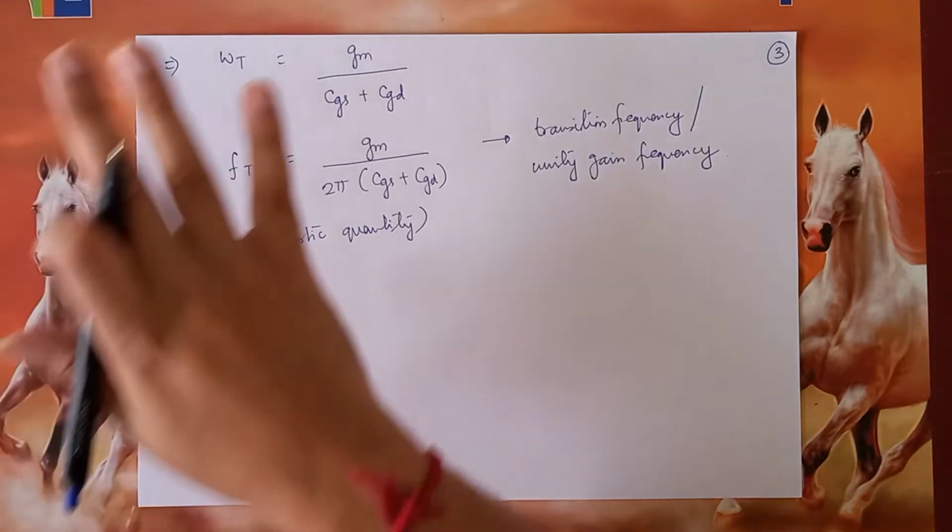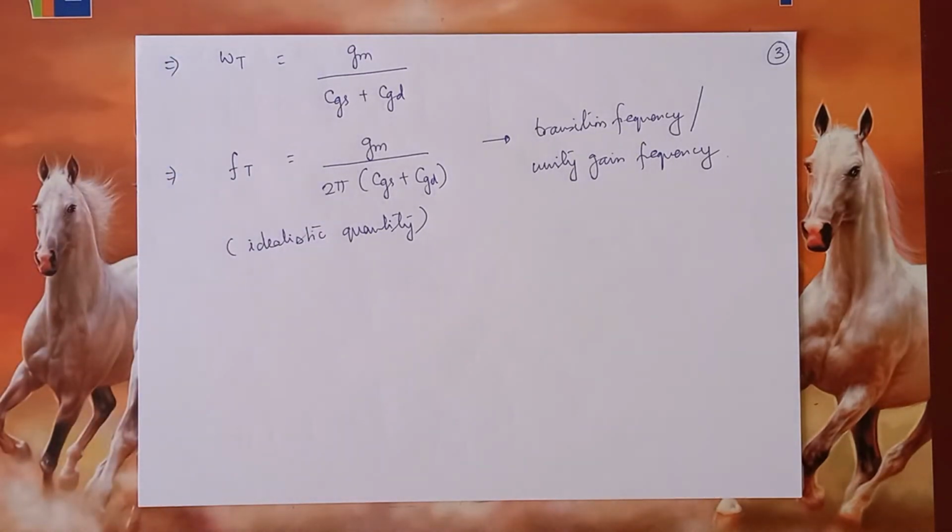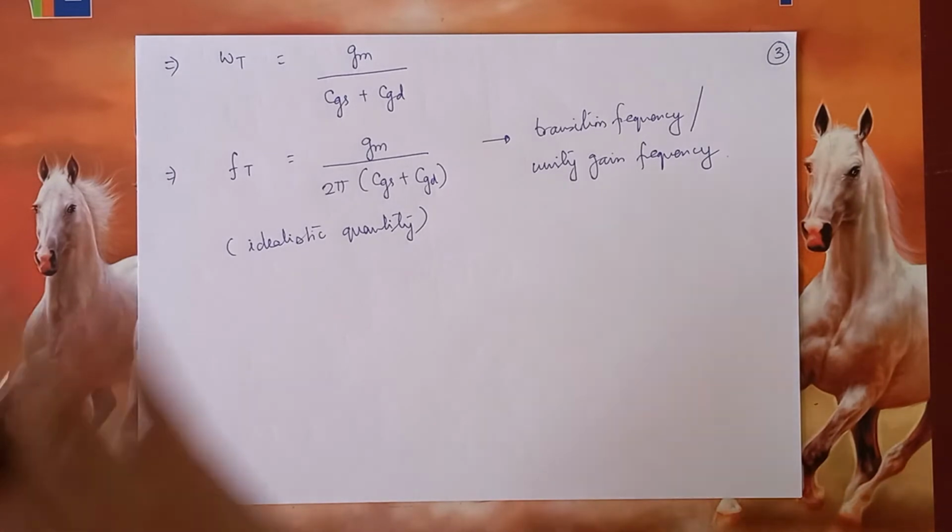So therefore, this is more of an idealistic quantity and it is used as a ballpark estimate. So the point is that you can definitely refer to it, but don't consider this as a rule of thumb that high Ft means it's a good transistor and it will work until that frequency. In practice, no, that's not the case. In reality, you can consider yourself lucky if you get the transistor to give you proper gain at even half that frequency.